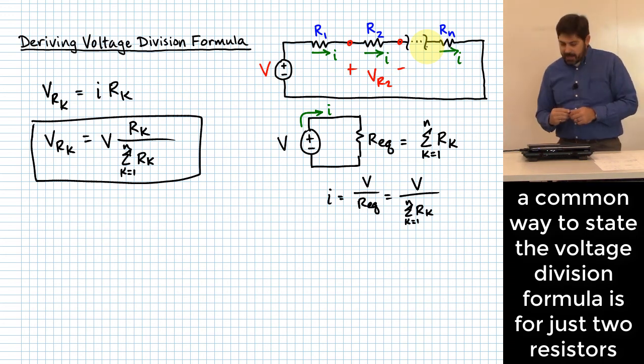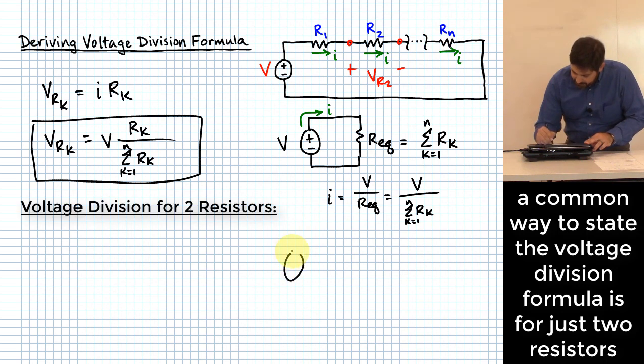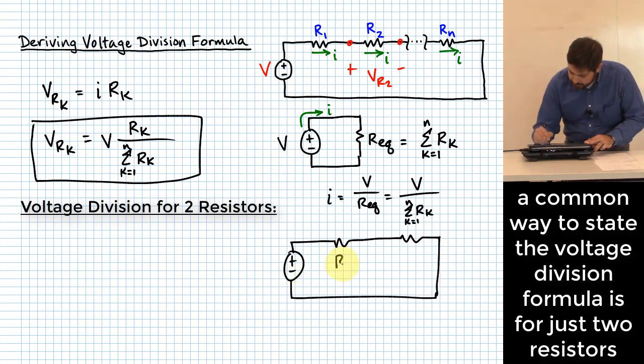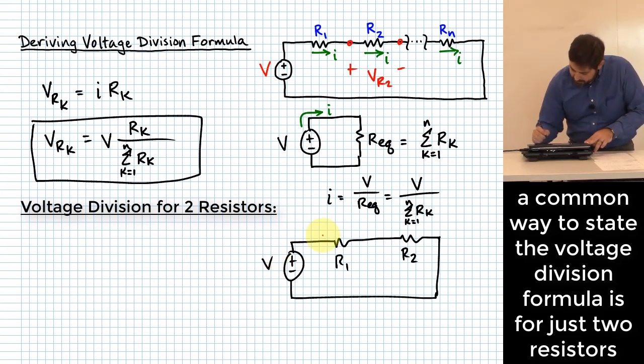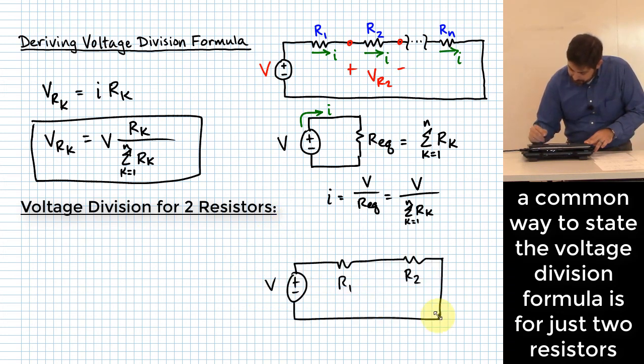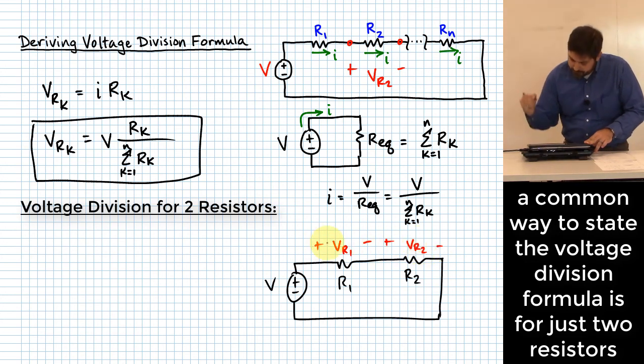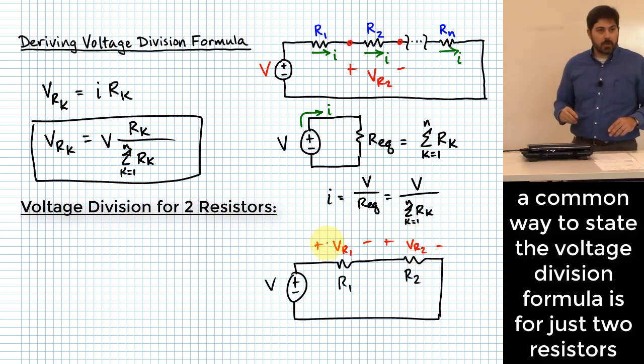Let's say I've got a voltage source that I put across two resistors in series with one another, and I just label those R1 and R2, and I'm putting V across those. How do I find what my voltage is going to be across either of those two resistors? We call it VR1 and VR2, like this.